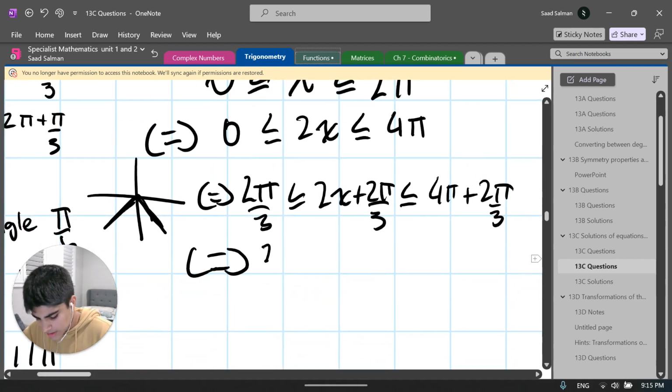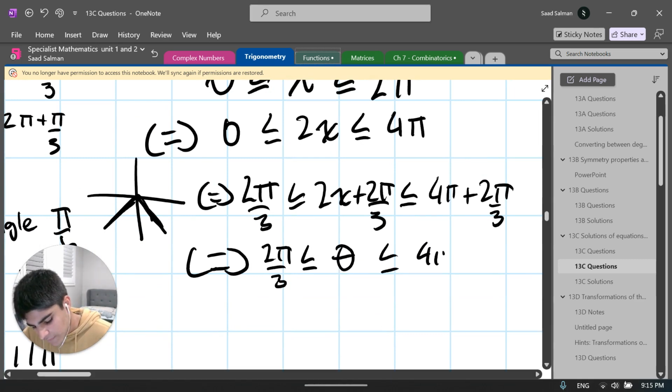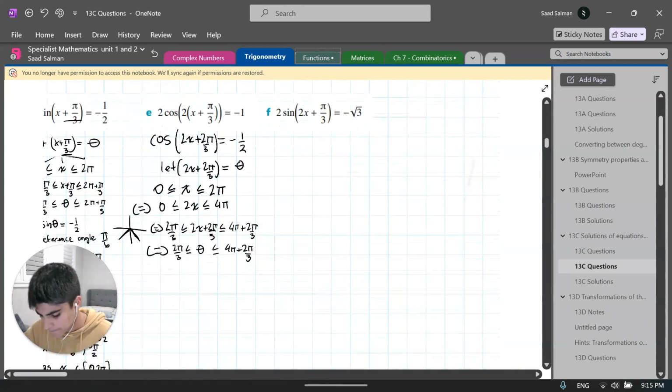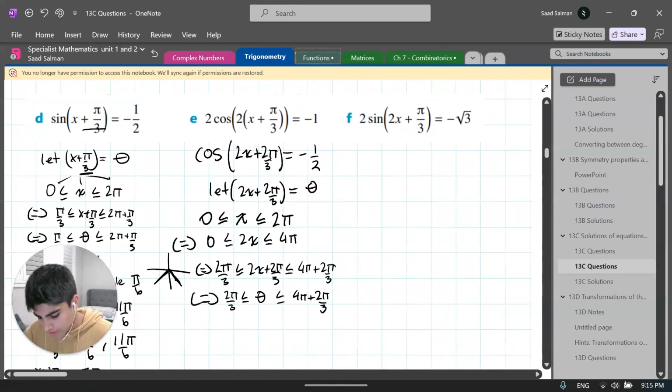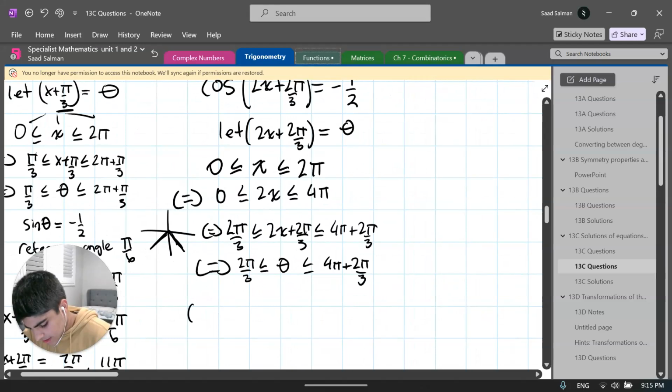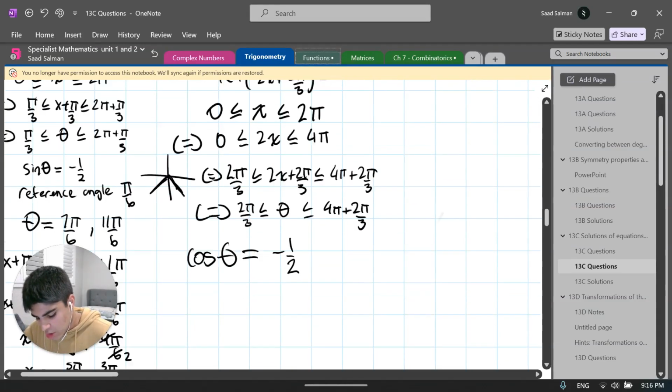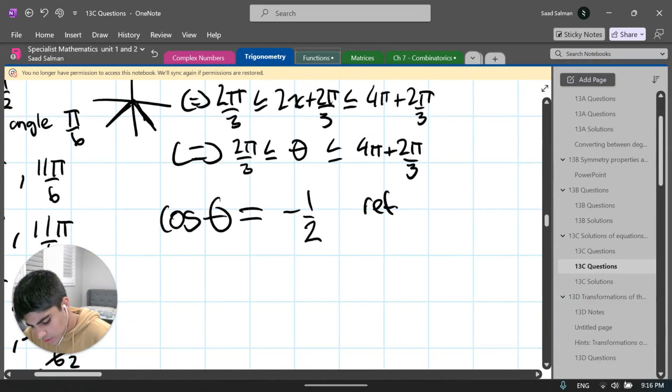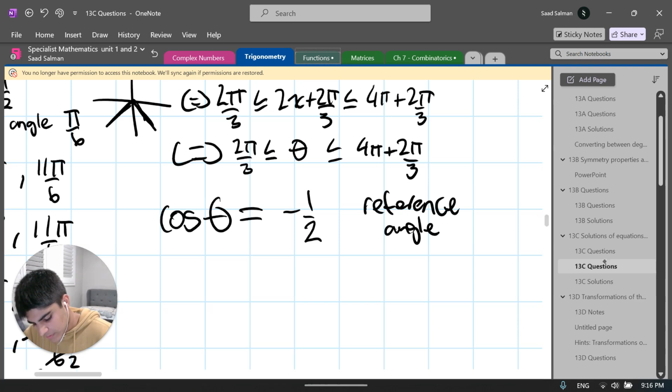This implies 2 pi on 3 is less than or equal to theta, which is less than or equal to 4 pi plus 2 pi on 3. Now our reference angle: cos theta equals negative 1/2, which makes our reference angle pi on 3.